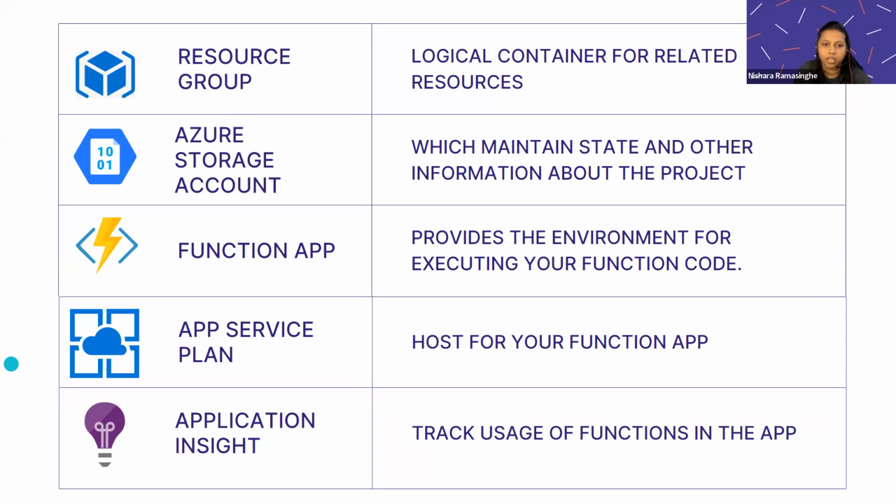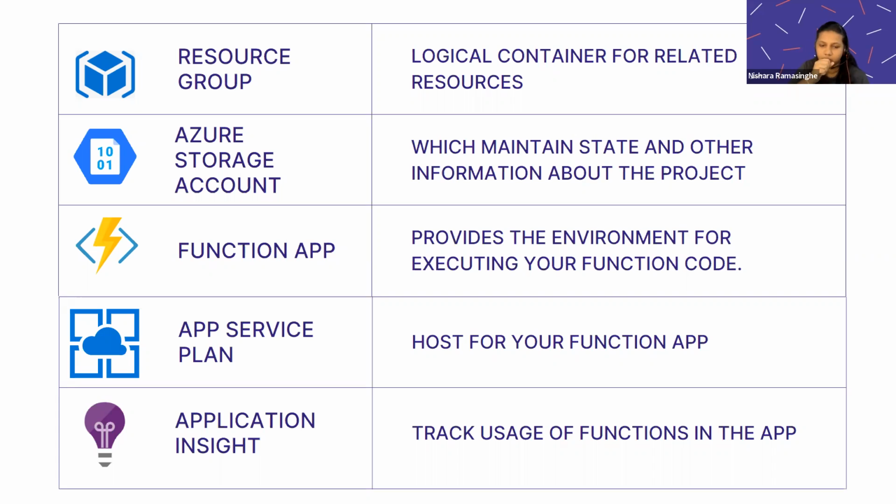Mainly this resource group is a logical container for related resources. The next thing it created was the Azure Storage account, which maintains state and other information about the project. The next thing is a function app. It provides the environment for executing your function, and also the function app lets you group functions as a logical unit for easy management, deployment, and sharing of resources within the same hosting plan.